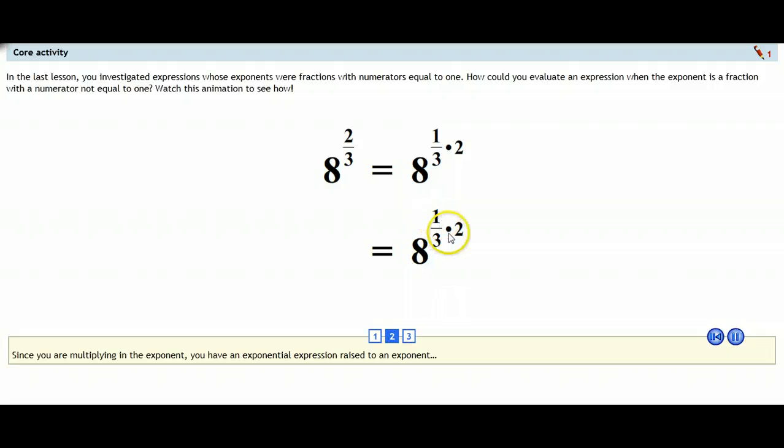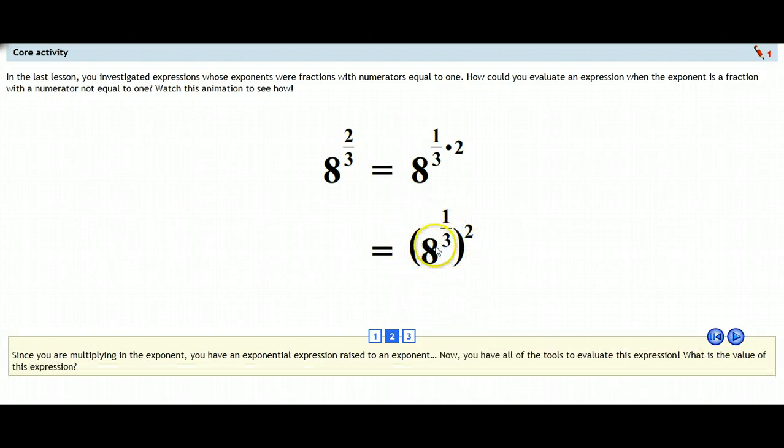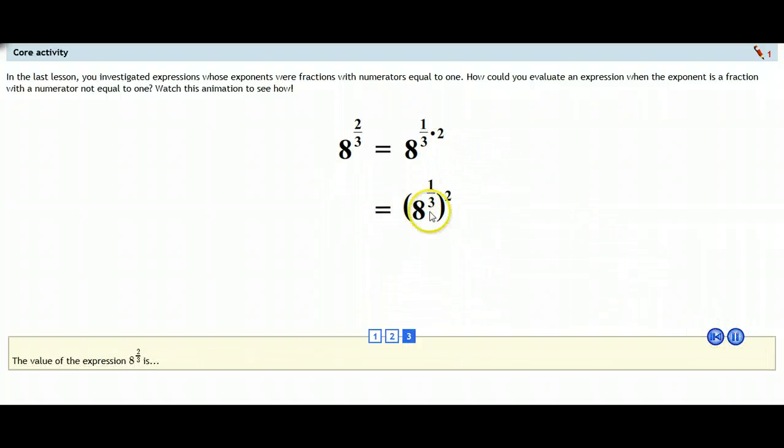Now, 8 to the 1/3 times 2, we use the laws of exponents to throw parentheses around the 8 to the 1/3, because when you have an exponent raised to another exponent, all you do is multiply those two numbers, which is what we were doing in the beginning. And 8 to the 1/3 is really the cubed root of 8, and the cubed root of 8 is just 2. So 2 squared equals 4. And that's how we found out that 8 to the 2/3 equals 4.